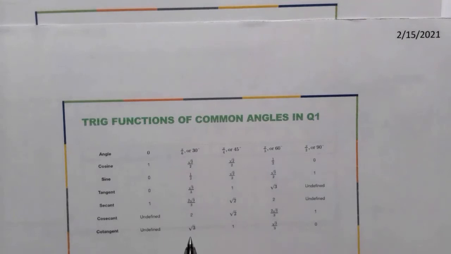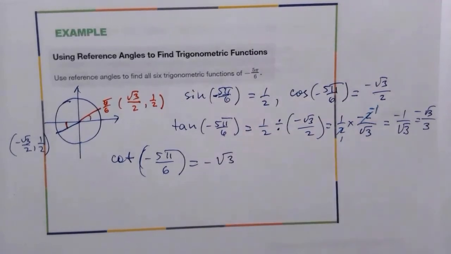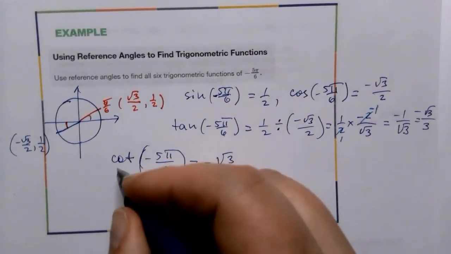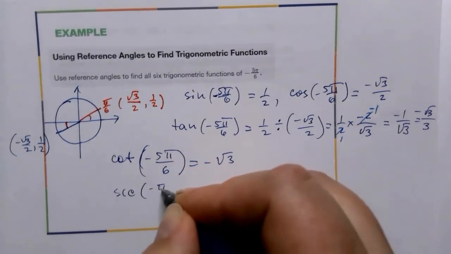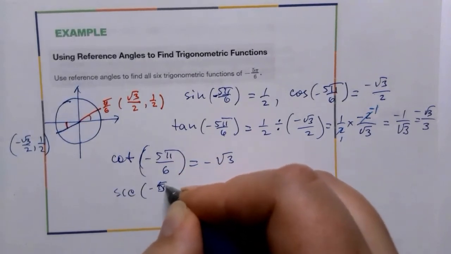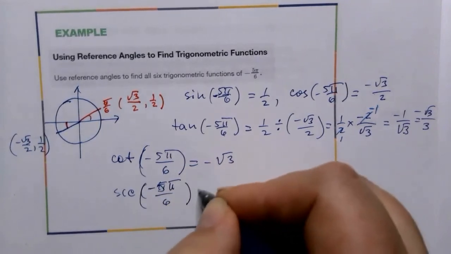Now, what is the sign of the cotangent in that quadrant? Well, it's the same as the tangent sign. So we're going to have a negative root of 3. Now, what about the secant of negative 5 pi over 6?